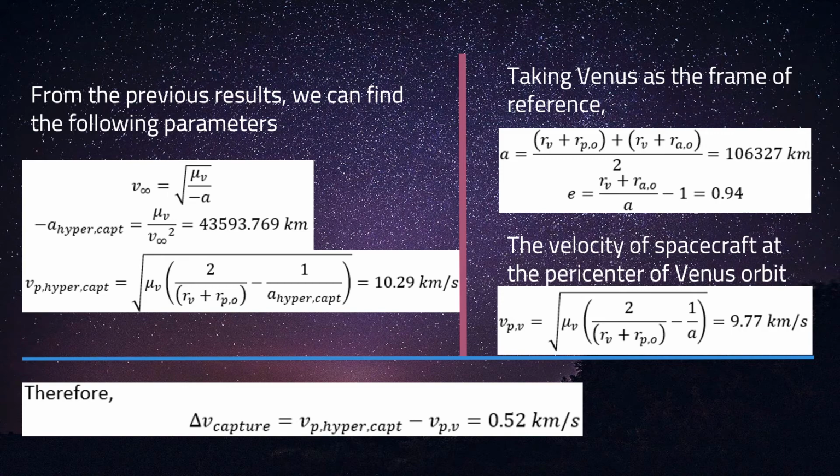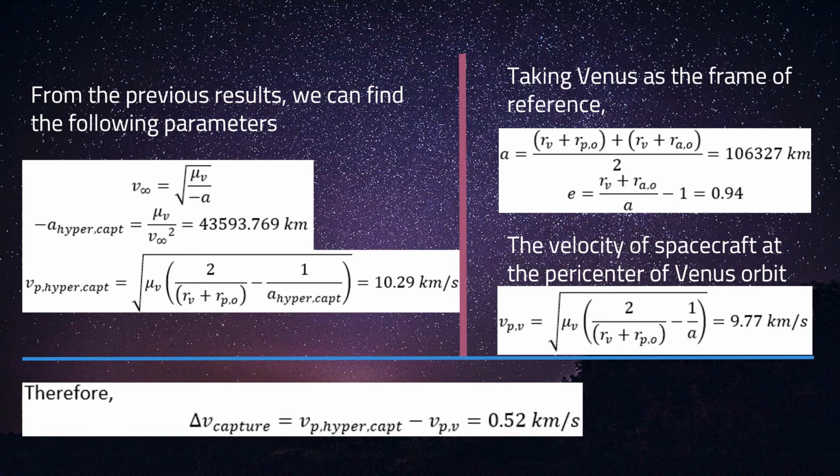Taking Venus as the frame of reference, we can find the following properties. The semi-major axis equals 106,327 km, while the eccentricity equals 0.94. The velocity of the spacecraft at the pericenter of Venus orbit will be 9.77 km per second.